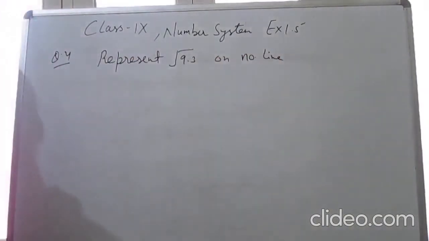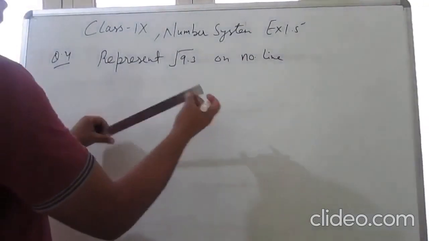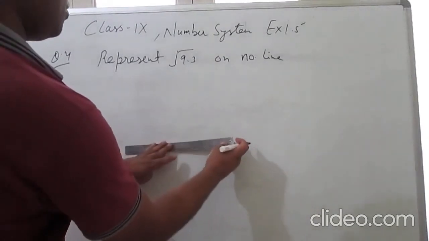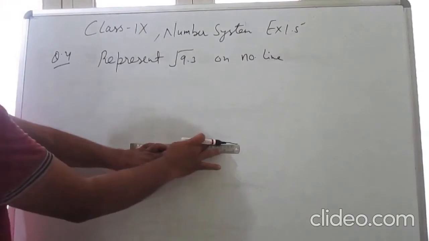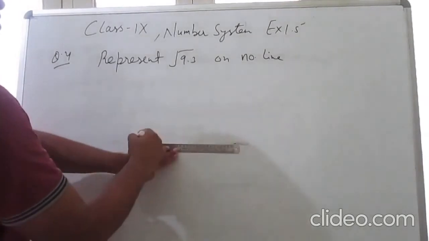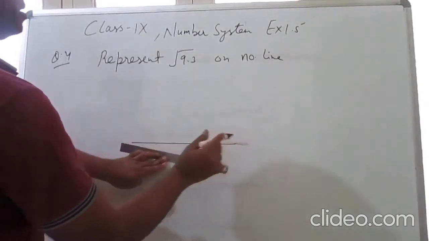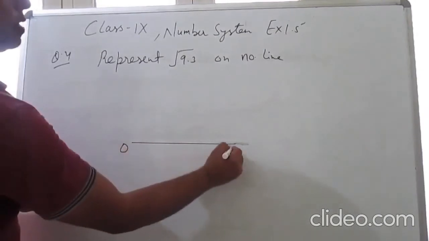Now what you do? First you draw a line segment of 9.3 on the number line, OA.